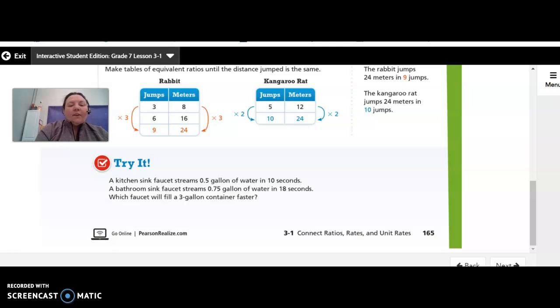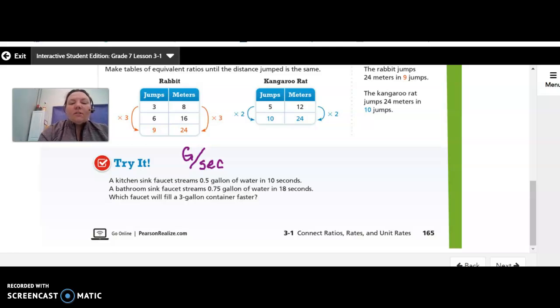So first I need to think of the rate that I want to use, my label. And generally we think of a rate as putting time in the bottom. So gallons per second. We want to know how many gallons it fills in 1 second.